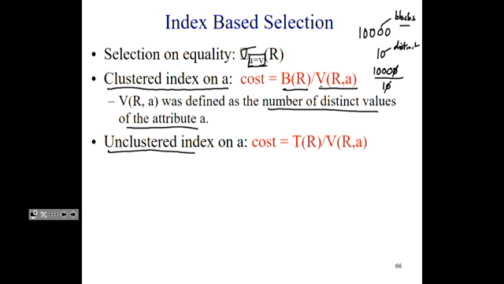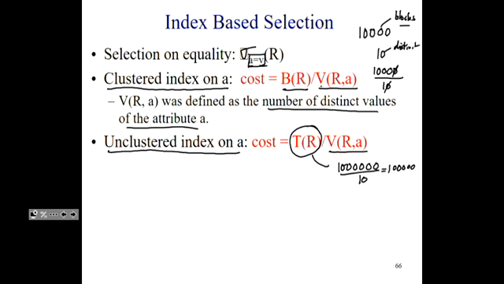If you have an unclustered index on A, unfortunately the number of blocks that you would have to consult is in the worst case T of R, so it's spread across T of R, and once again you're dividing by the number of distinct values of A. So if the number of tuples is, let's say, 1 million, and once again the number of distinct values of A is 10, then your result is going to be 100,000.